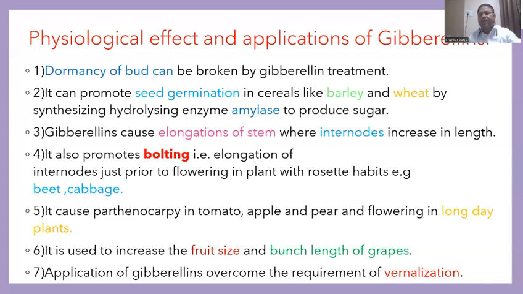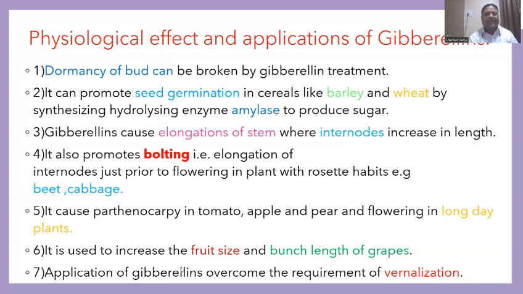Overcome the requirement of vernalization means what? Certain plants require chilling treatment for getting flower. But by spraying the gibberellin, there is no requirement of the chilling treatment or cold treatment for early flowering.